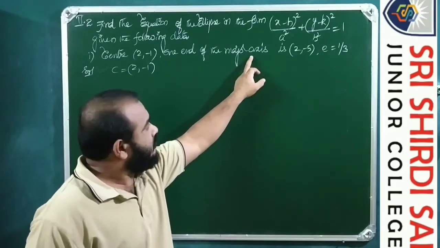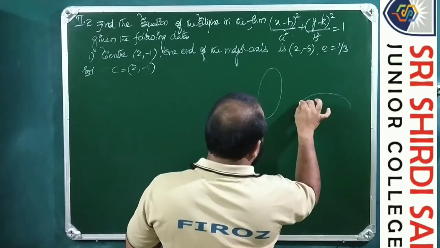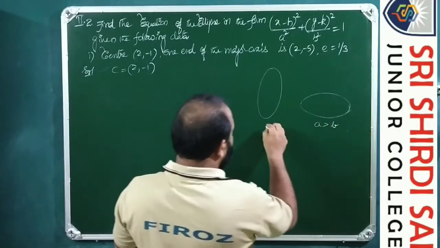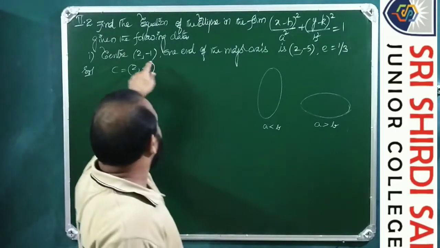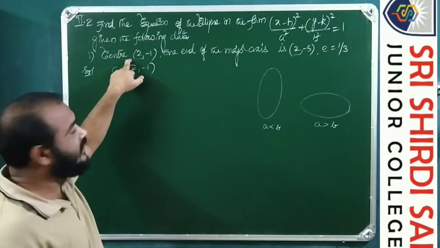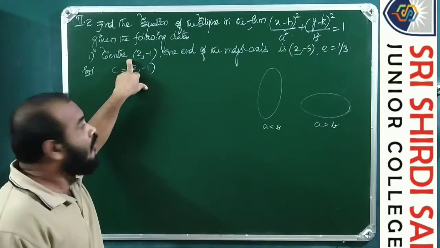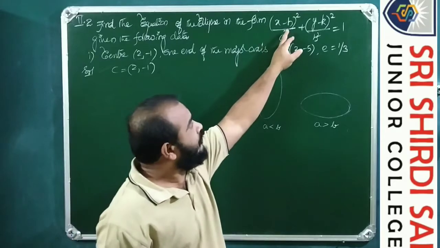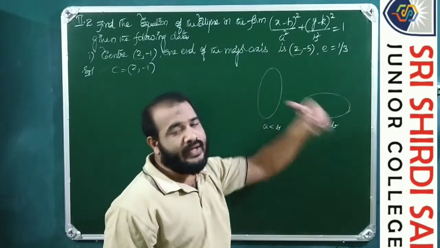Major axis: so the ellipse could be like this or like this. If the ellipse is of this form, then a is greater than b, and in this form a is less than b. Here, if the x coordinates of the end of the major axis as well as the center are equal, the major axis of the ellipse is the y axis. But here the shifting of origin has taken place, so not the y axis but parallel to the y axis.